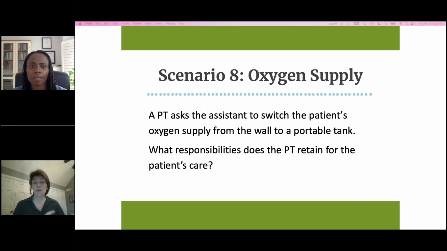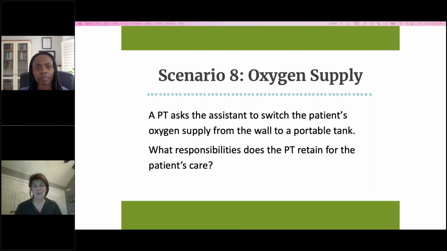Abbi, I know you mentioned this at the beginning, and it was one of the questions we asked on the PISA, and we know that many people answered incorrectly, so it's good we're going over it. Oxygen administration is a controlled act, and it can be delegated by the PT to a trained physiotherapy assistant, but the PT retains responsibility for safety in the delivery of the care.